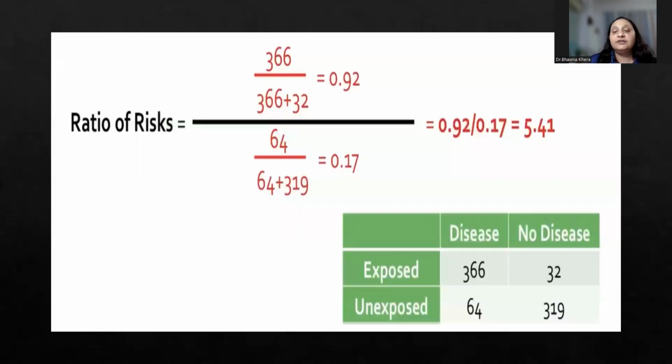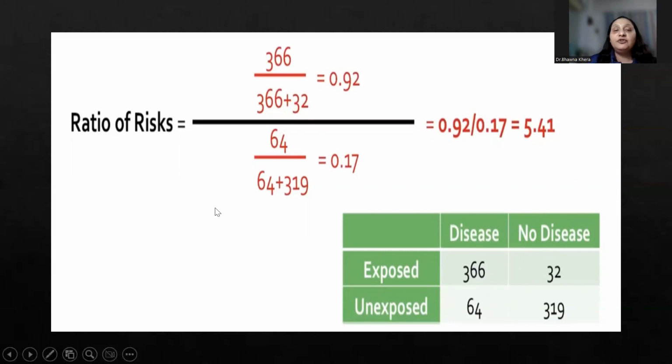Let's solve this question. In this case, 366 is the number of patients who were exposed and got disease. But 32 is the figure for those who were exposed but did not develop disease. In the unexposed population, 64 developed disease, while 319 did not develop disease.